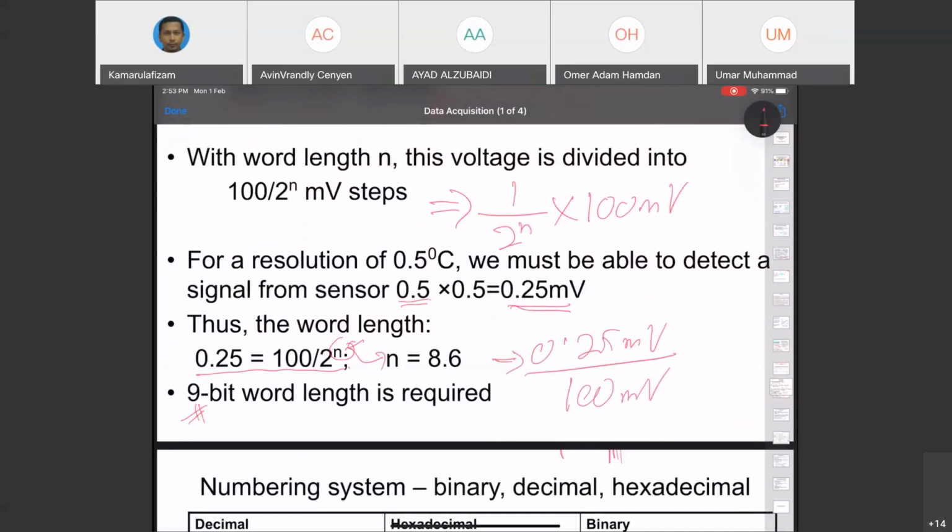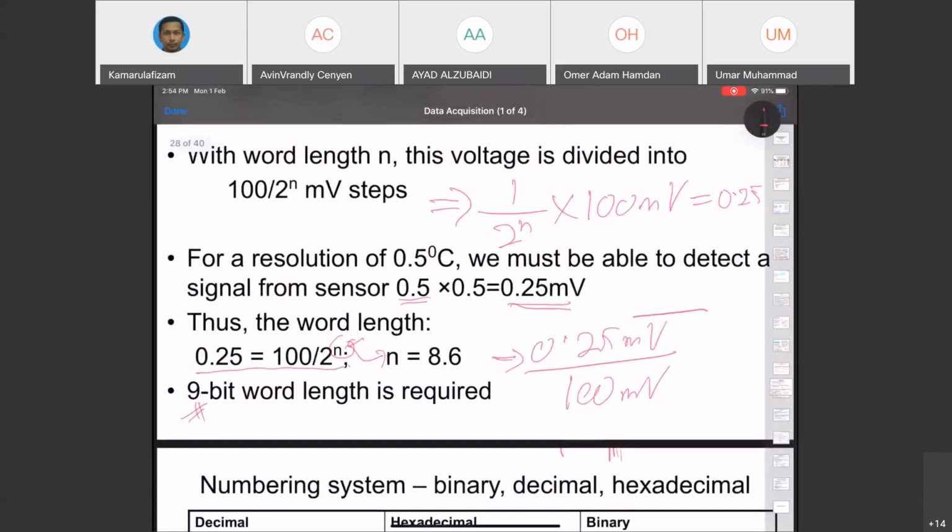So if you use this formula, the resolution is equal to 0.25 millivolt, so you can find the N right here.